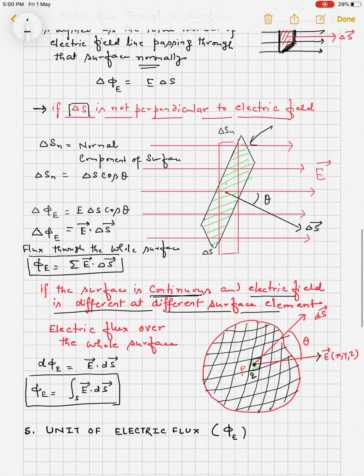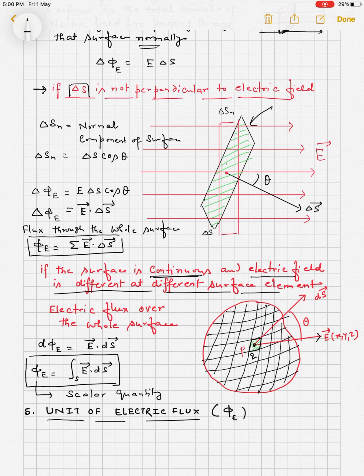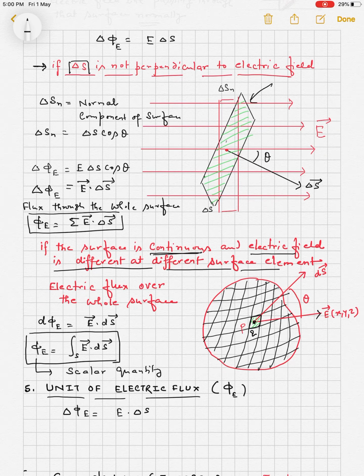Now we come to the unit of electric flux. Which type of quantity is it? It is a scalar quantity, because it is the dot product of electric field and area vector. Now the unit of phi E: delta phi is E into delta S, the electric field strength and the normal area.